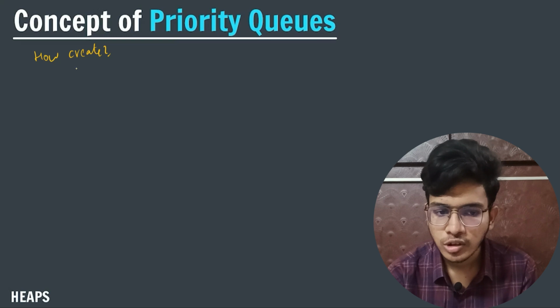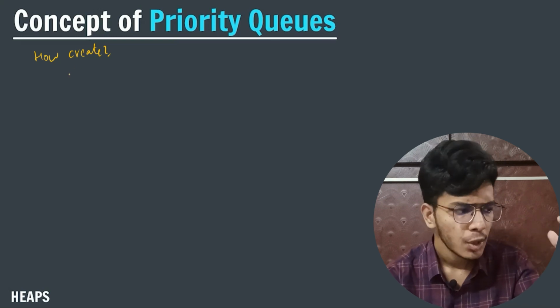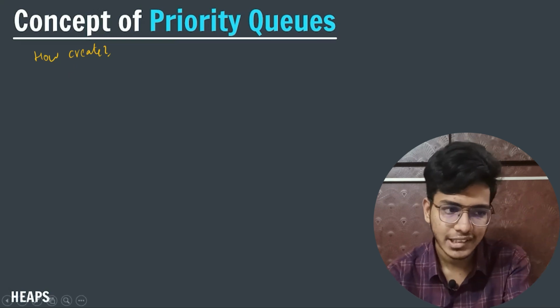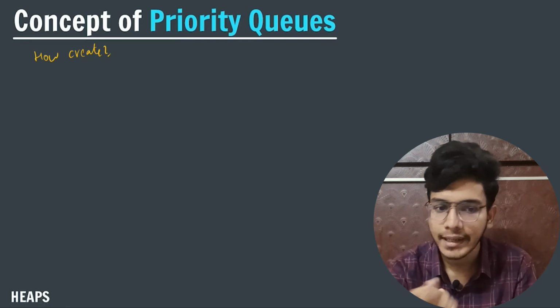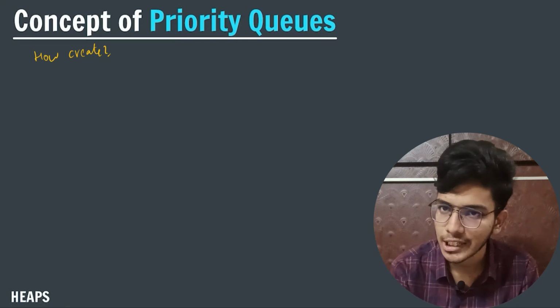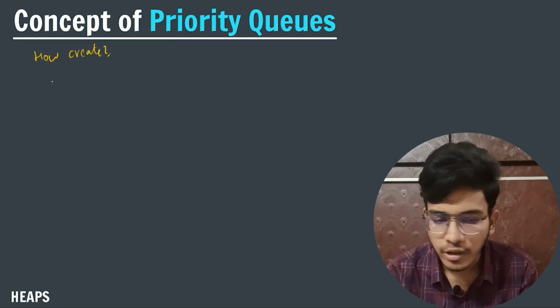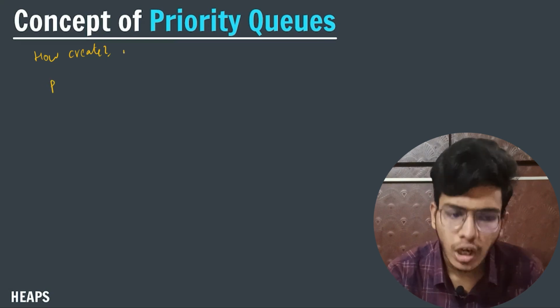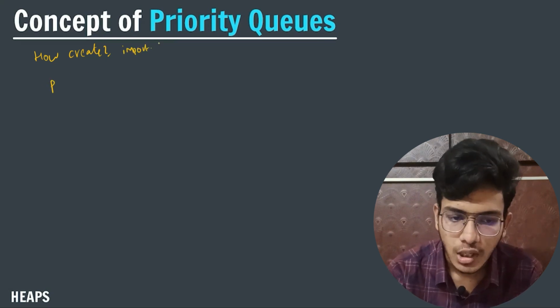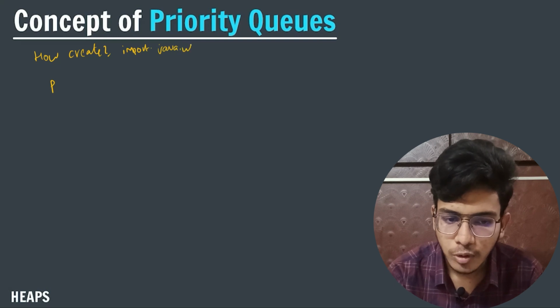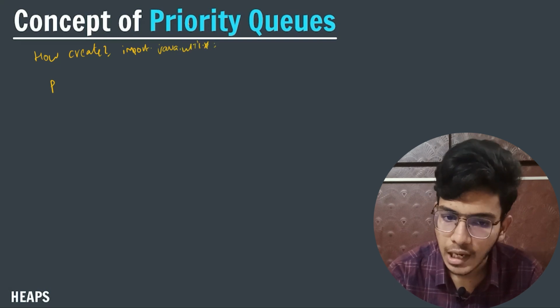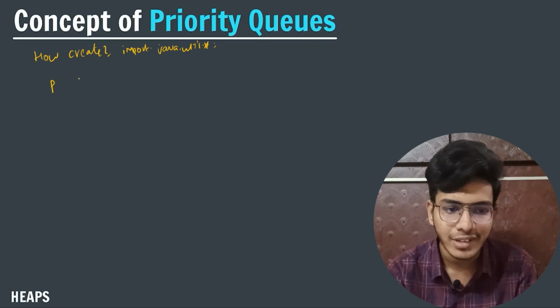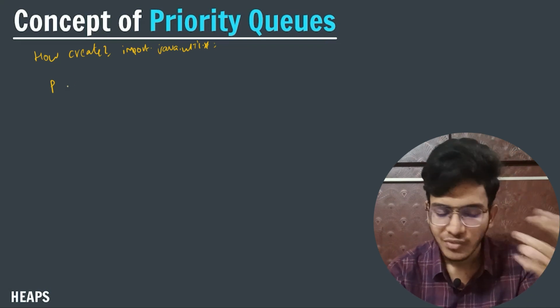If you remember, we used to create a stack by just writing Stack followed by angular brackets. In the angular brackets, we used to write the data type. Similarly, to create a priority queue, first of all, I will import the package java.util.*. After importing, I will create my priority queue in the program.